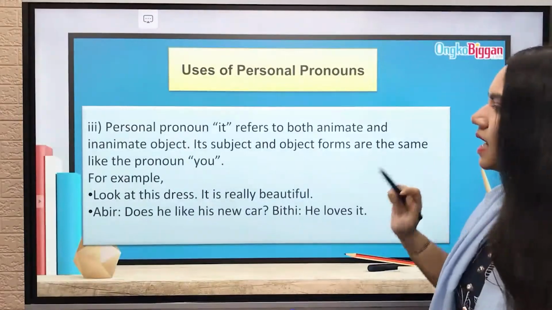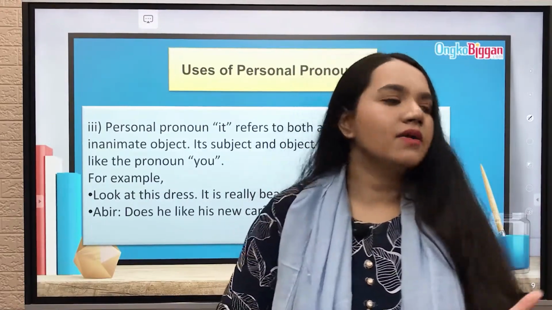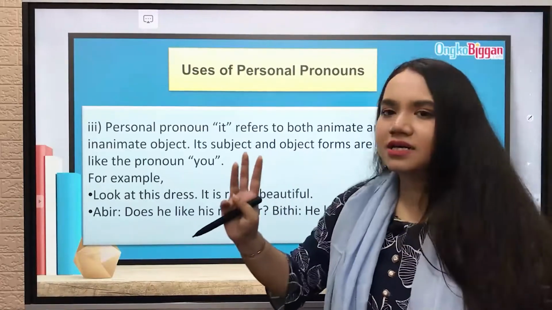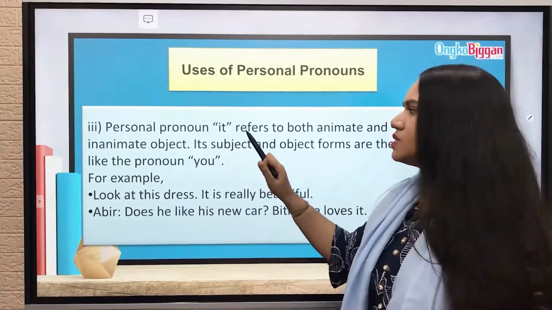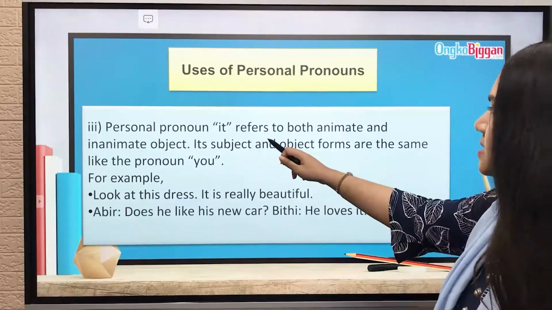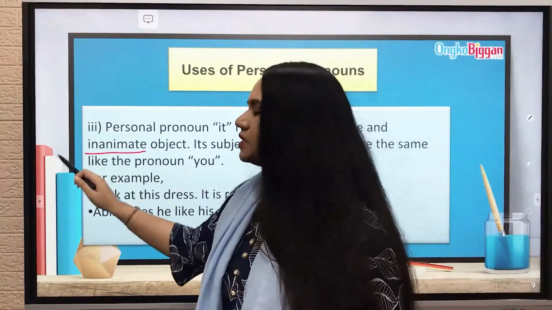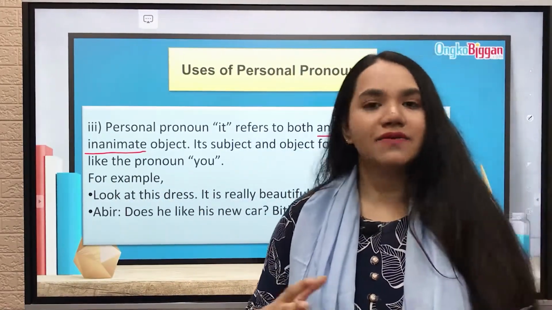So now that we are done with the usages of personal pronouns whenever they are in the subject form or the object form, let's look at the third rule, which comes with the word it. The personal pronoun it will refer to both animate and inanimate objects. What does this mean? Animate objects are those which are living things.